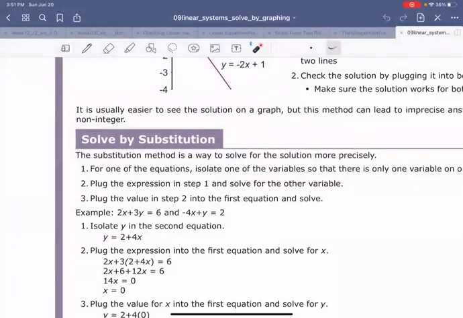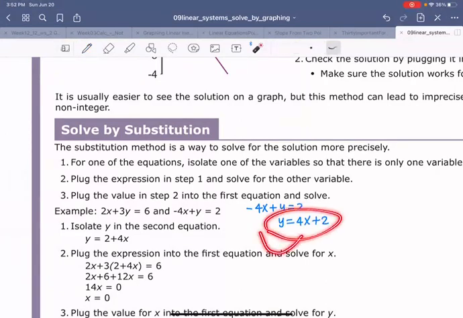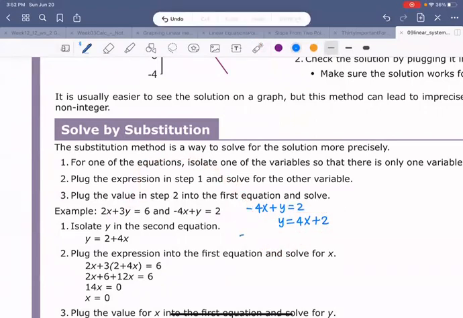This might be the first time you solve a system of linear equations. You have negative 4x plus y equals 2, so y equals 4x plus 2, and then you plug it in here. Ethan, let's do this together. 2x plus what?